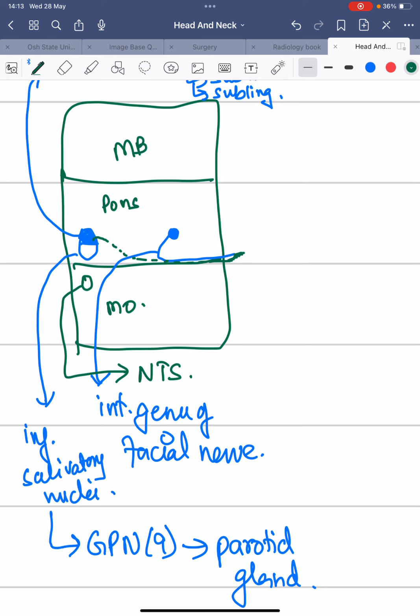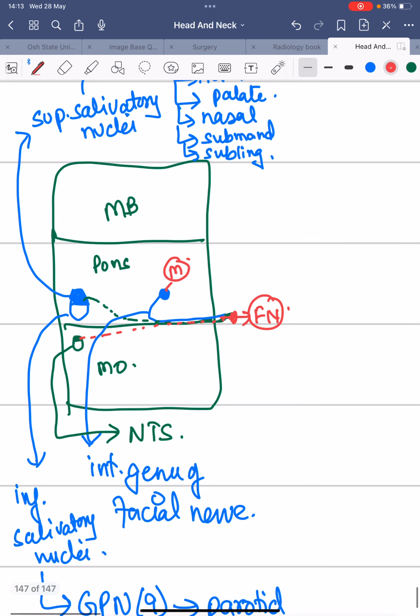So the tip of the nucleus tractus solitarius, the fibers are also joining the facial nerve. So all these three fibers together are known as the facial nerve. Okay, so this one is the motor fibers of the facial nerve, and nerve fibers from the superior salivatory nuclei and the tip of the nucleus tractus solitarius are the sensory nerve fibers.